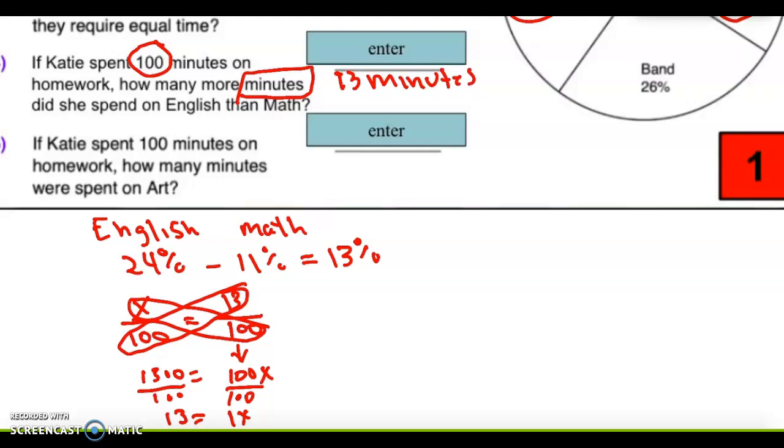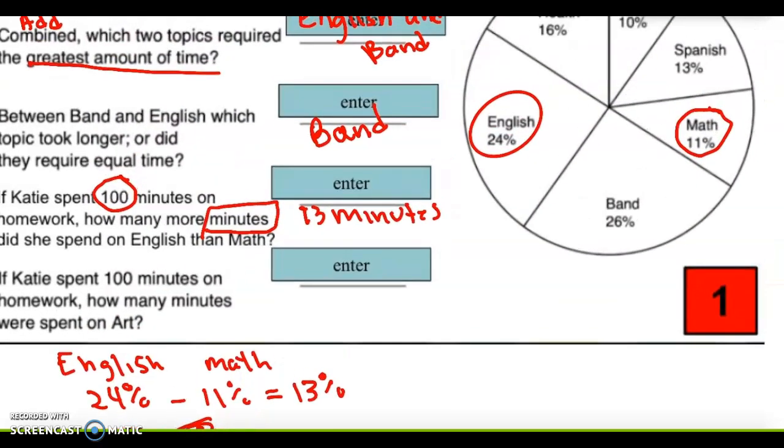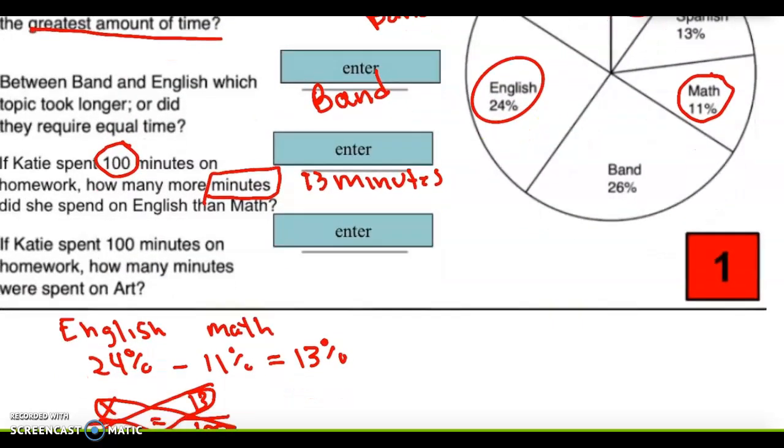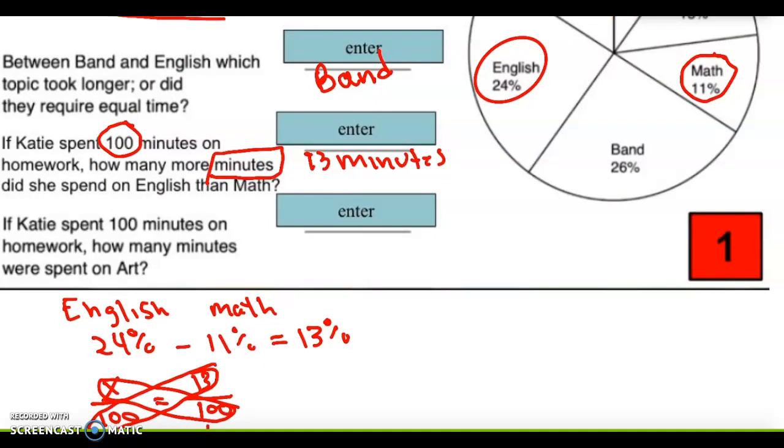Now the last one. Again, Katie spent 100 minutes, so 100% of the circle would be 100 minutes on homework. How many minutes were spent on art? Let me look back up here and look for art. Here we go. Notice that she spent 10% on art, so I'm going to write it right here. Art is equal to 10%.